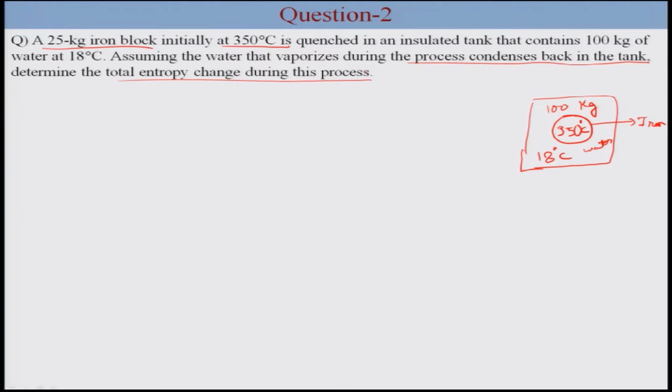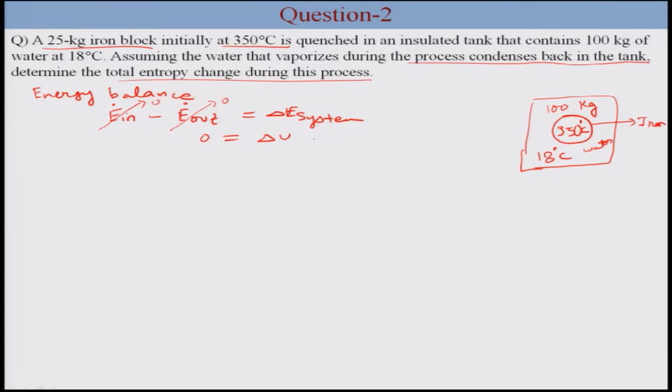and applying energy balance, E in minus E out is equal to delta E of the system. Now, nothing is coming in and nothing is going out, so both are 0. So, 0 is equal to change in energy of the system, which will be equal to change in internal energy of the system.